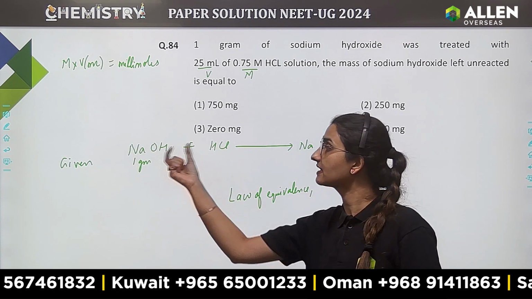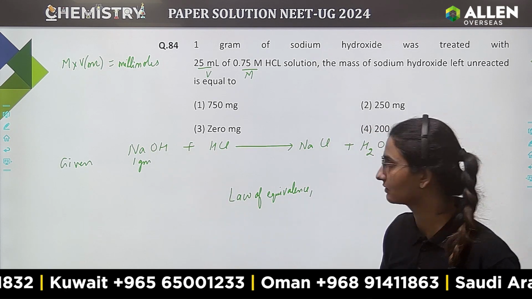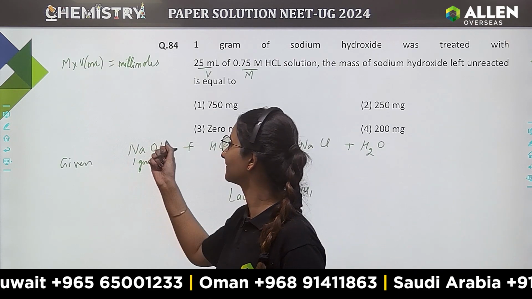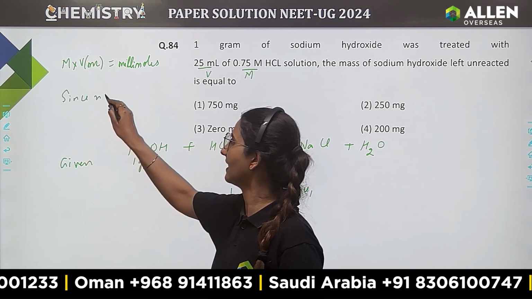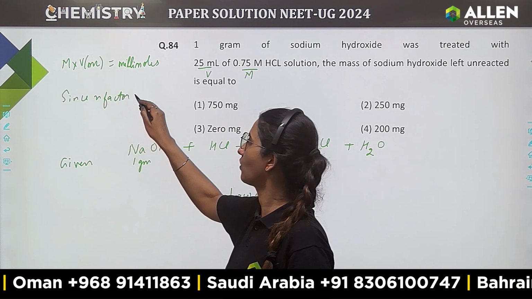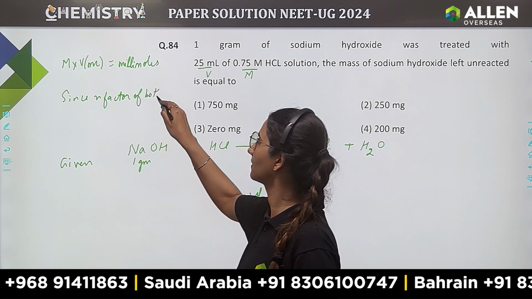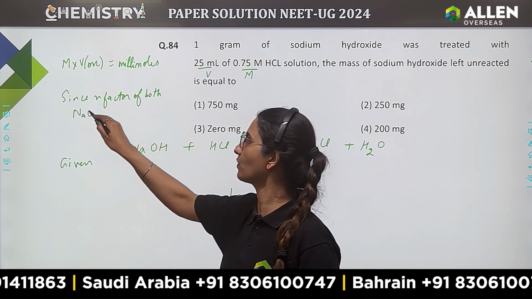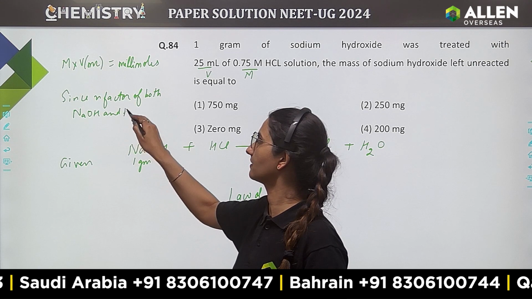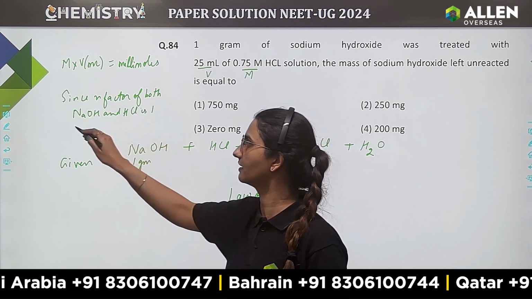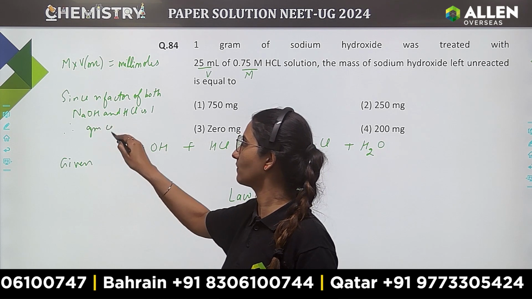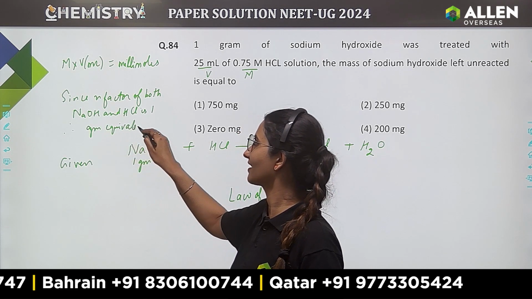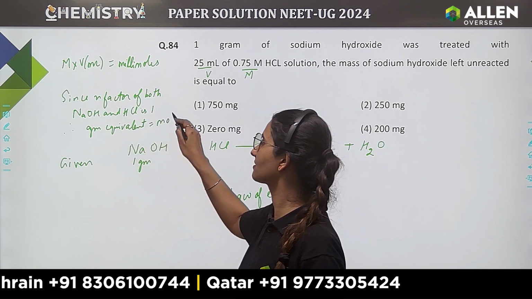But students, since the n factor of both NaOH and HCl is 1, therefore for both of them gram equivalent is equal to moles.